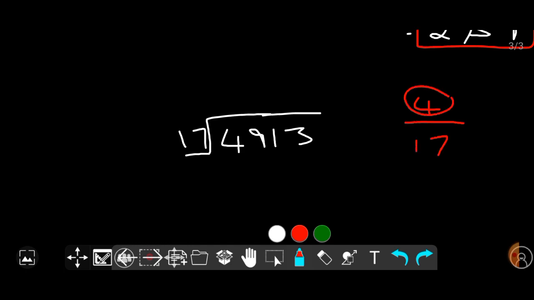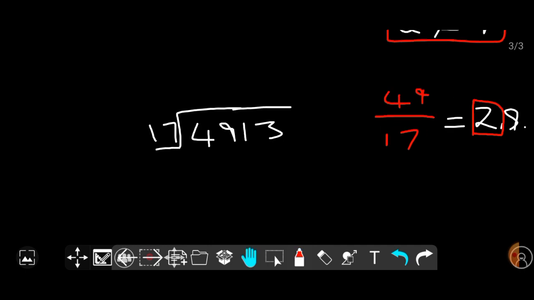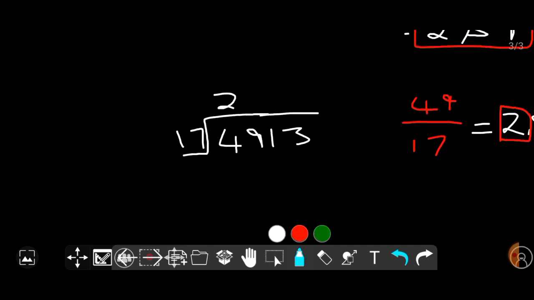Now I see the numerator is small, so I make it 49. You see? So now 49 divided by 17 gives a decimal of 2.8 something. 2.8 blah blah blah. Remember the number before the comma, which is 2, goes over there.